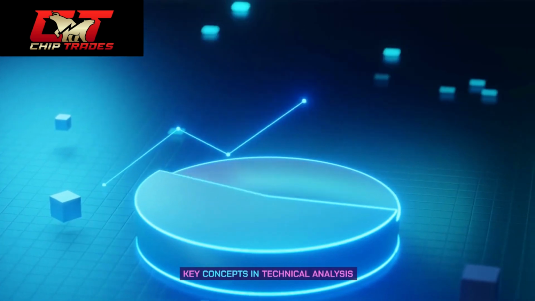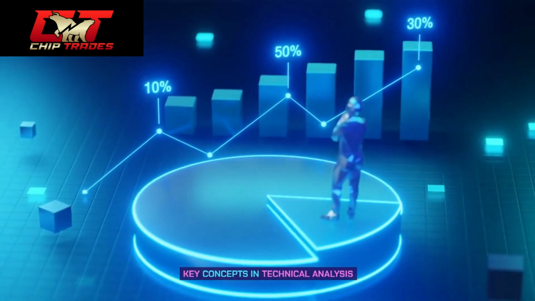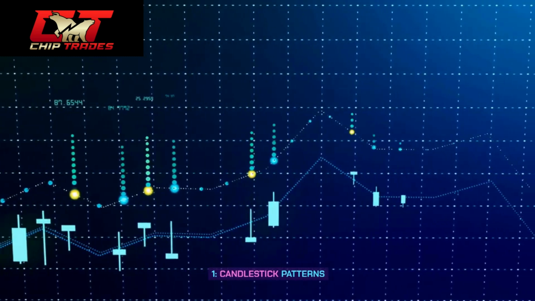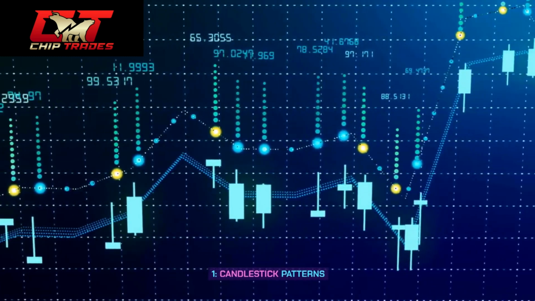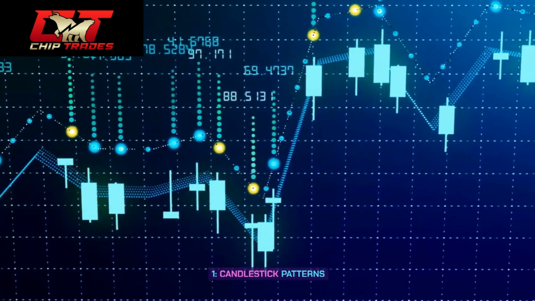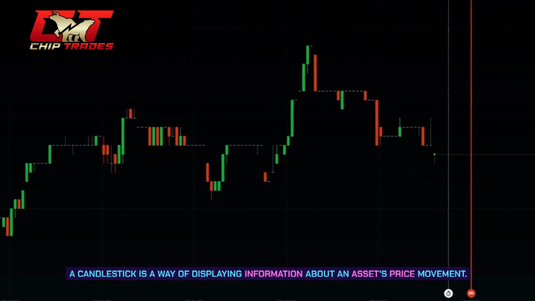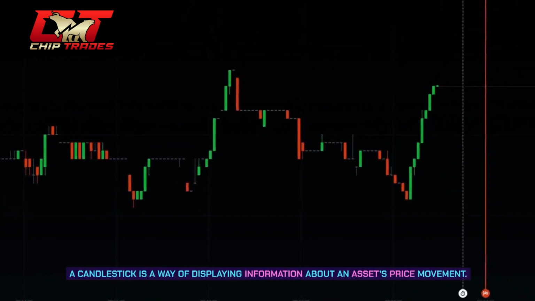Key concepts in technical analysis. 1. Candlestick patterns. A candlestick is a way of displaying information about an asset's price movement.